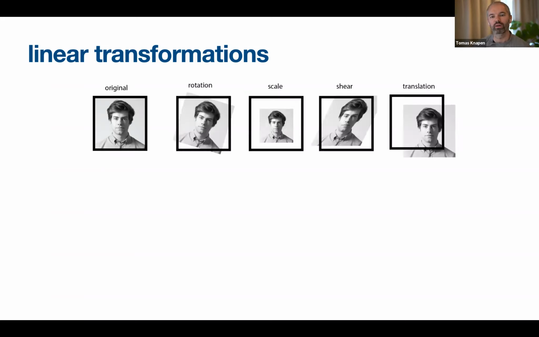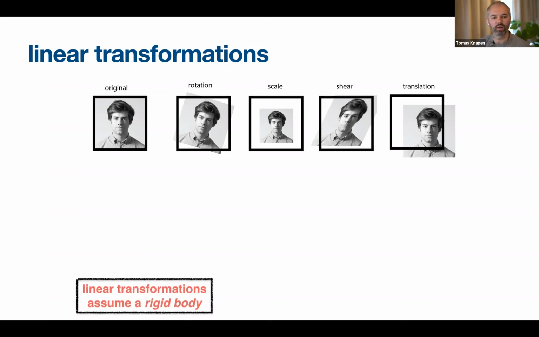So there's a bunch of different transformations that we could perform on his picture. We could rotate him, we could scale him, we could shear him, and we could translate him. And all of these transformations are what we call affine, or for our purposes now, linear, which means that they assume a rigid body so that there aren't any deformations here.